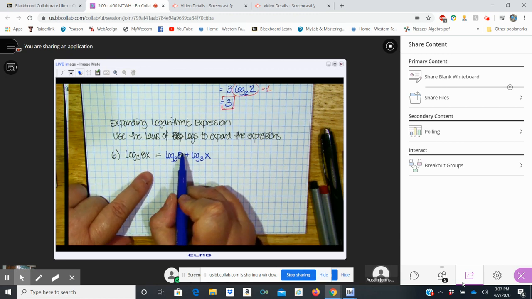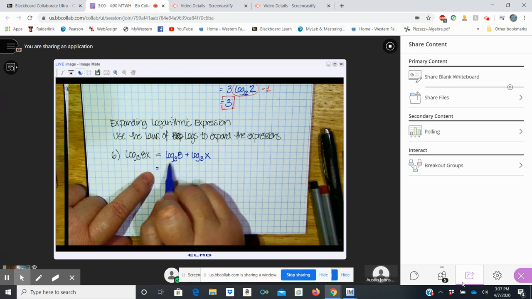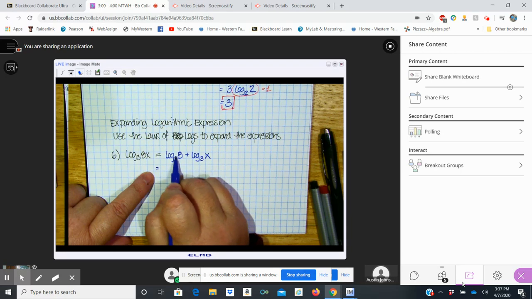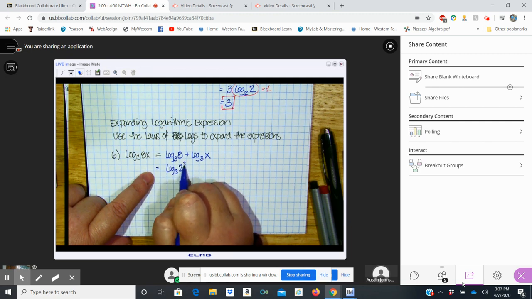Now, can you rewrite 8 as any kind of power? Not with a base of 3, but any base. The prime factorization of 8 would get us log base 3 of 2 to the third.